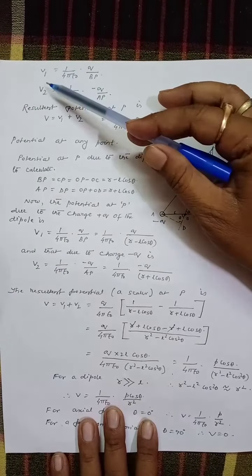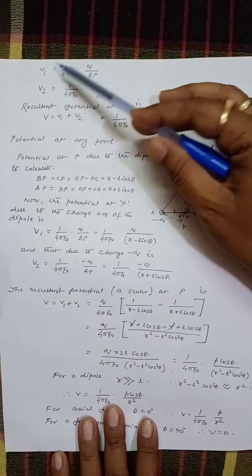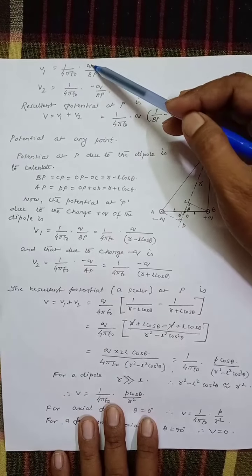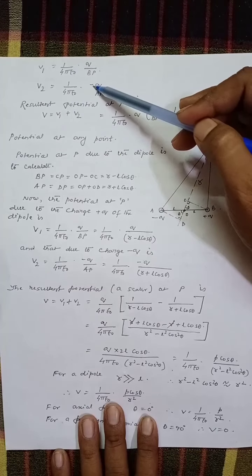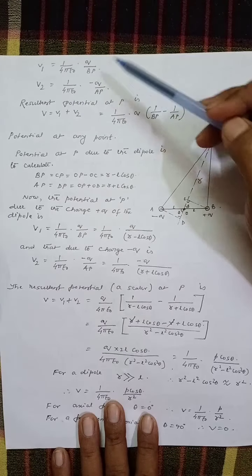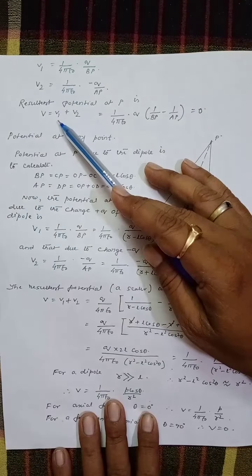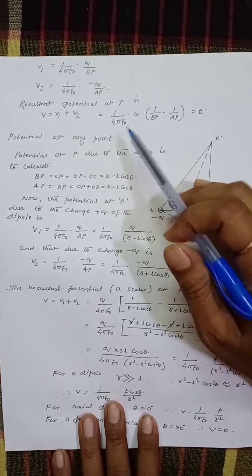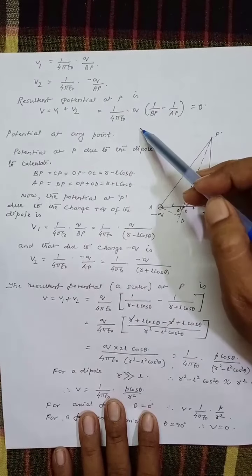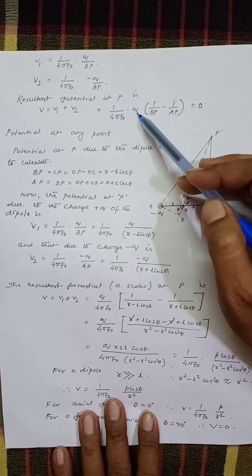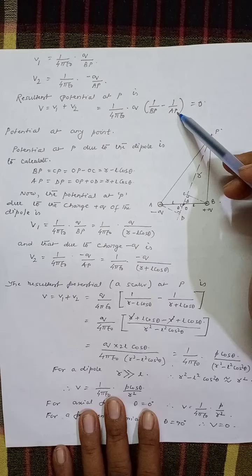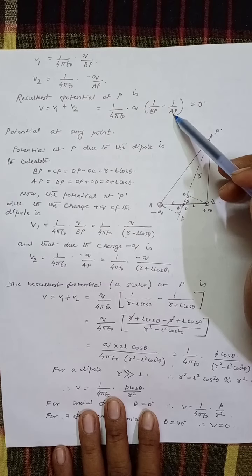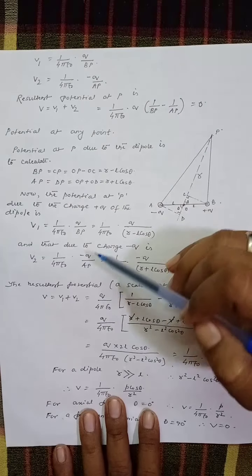So you can write V1 equal to 1 by 4 pi epsilon naught Q by BP, and V2 is 1 by 4 pi epsilon naught minus Q by AP, and the resultant potential is V1 plus V2. When we add, we get 1 by 4 pi epsilon naught Q inside the bracket 1 by BP minus 1 by AP. Since BP and AP are equal, it results in 0.